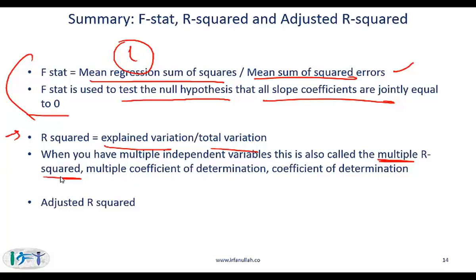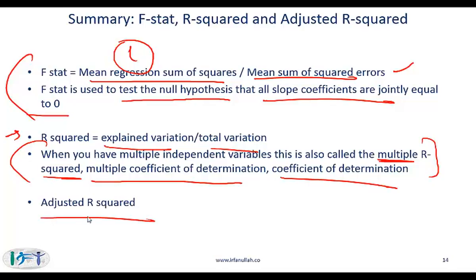And the reason I keep emphasizing terminology is because the curriculum keeps throwing these different terms at you, and half the questions can be solved if you know the correct terminology. Multiple coefficient of determination is another term used, and sometimes it's just called coefficient of determination. So the more questions you do, the better this will stick. And then we talked about adjusted R squared, which actually is a better measure when we use multiple linear regression.